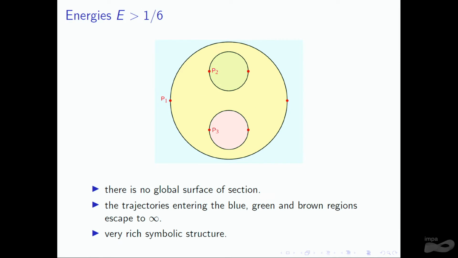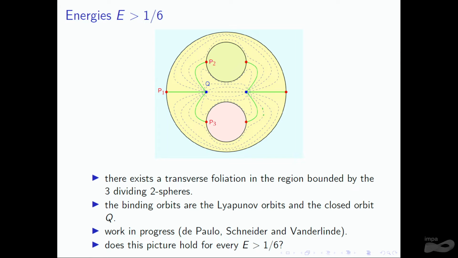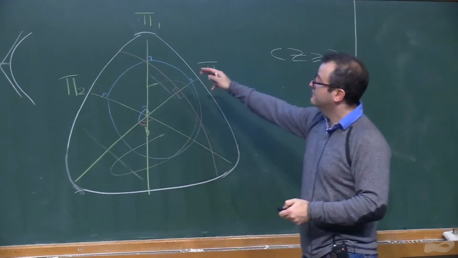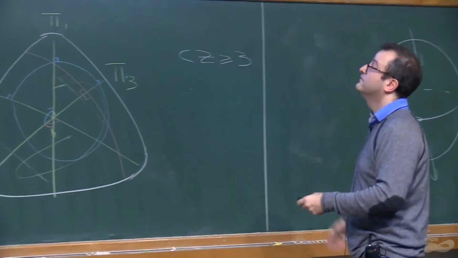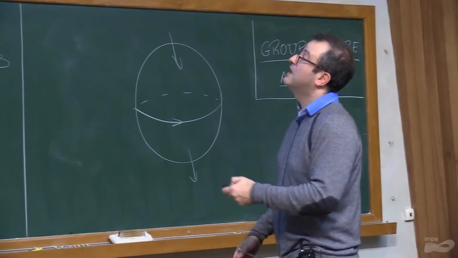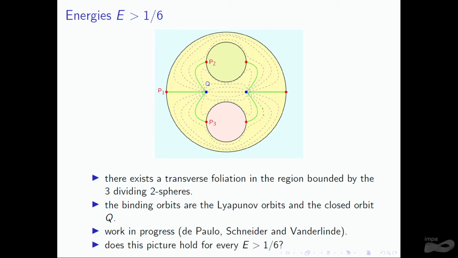So the picture that is expected here is the following. There is a fourth periodic orbit inside this region, which I don't know which one it is, because these orbits survive for energy slightly above, but they might not be this one. So there must be an orbit here which is unknotted, which is very special.